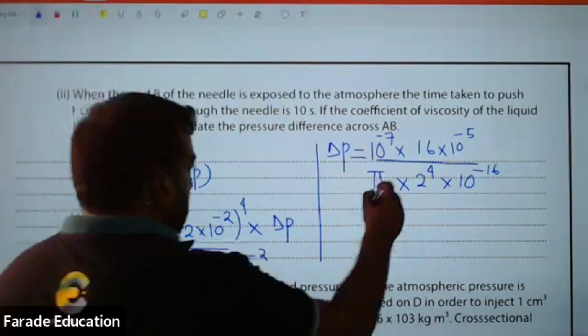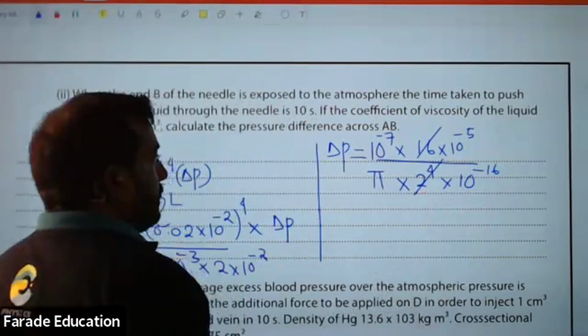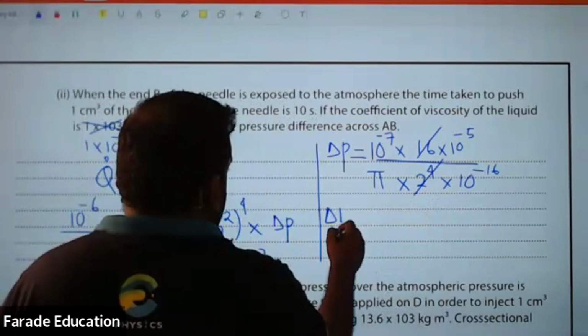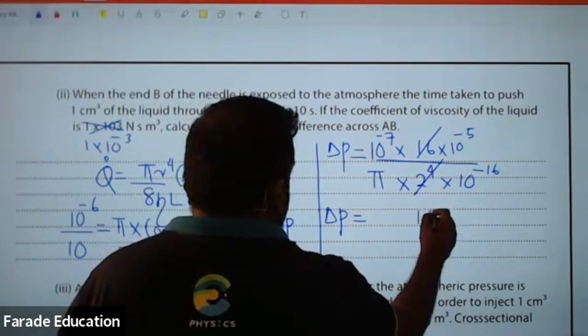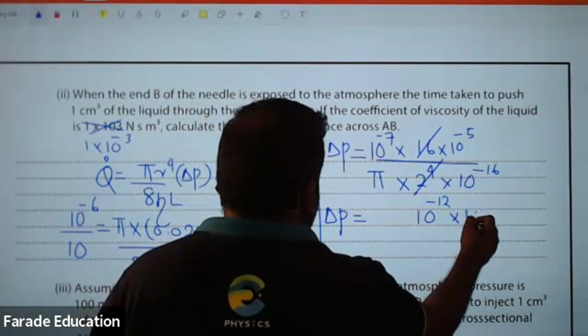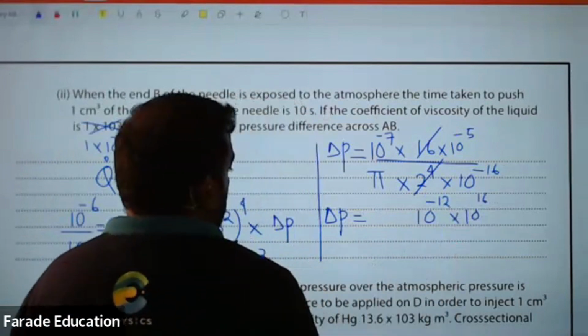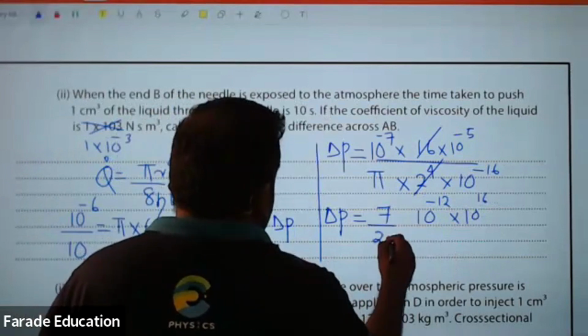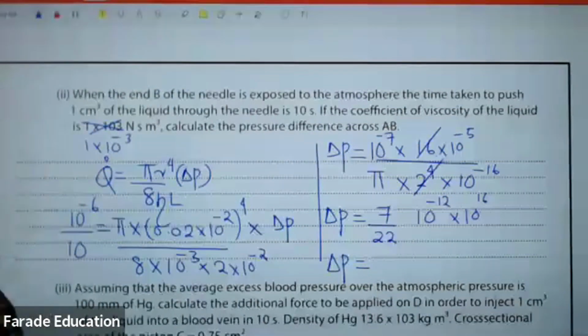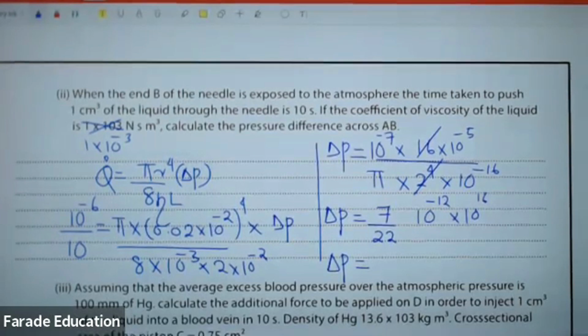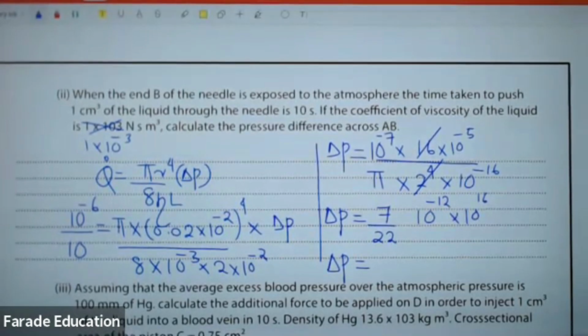Simplify this carefully. 16 here, 16 cancel off. Delta P is equal to, on top 10 to the power minus 12, here 10 to the power positive 16. 7 divided by 22. Simplify the relationship there. Pressure difference can be easily found: 3.2 times 10 to the power 3.